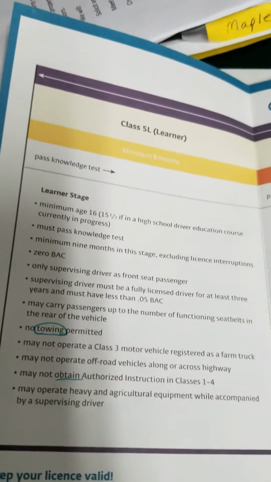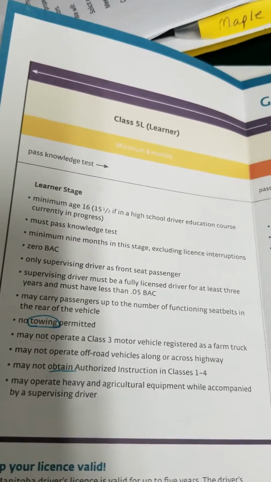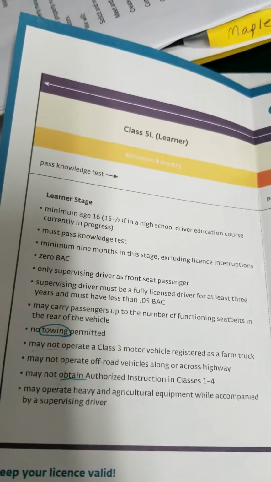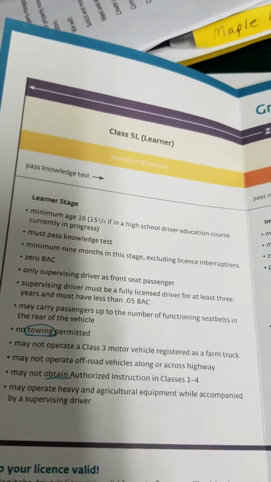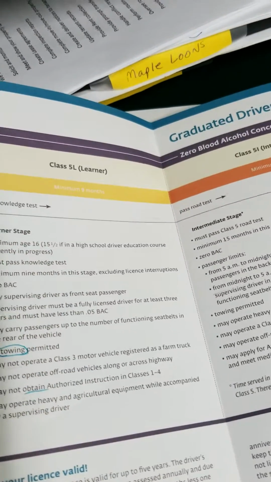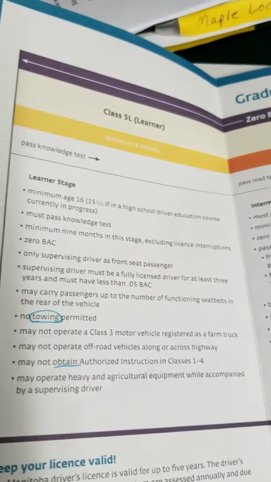So anytime you are driving, whether it's in the parking lot, on a side road, or on private property, you must have a supervising driver on the front passenger seat on your right side. The supervising driver must be fully licensed for at least 3 years, like I mentioned.